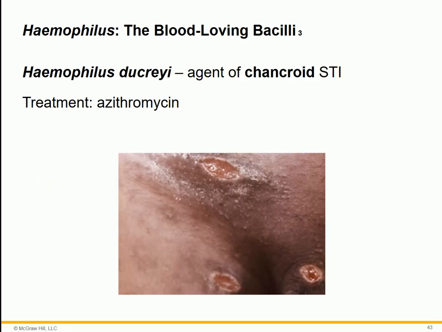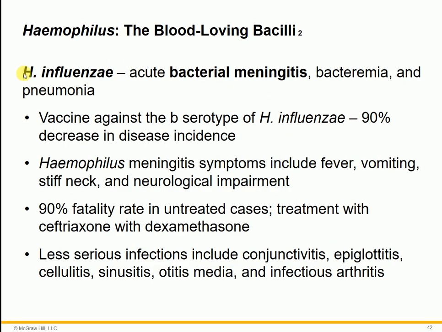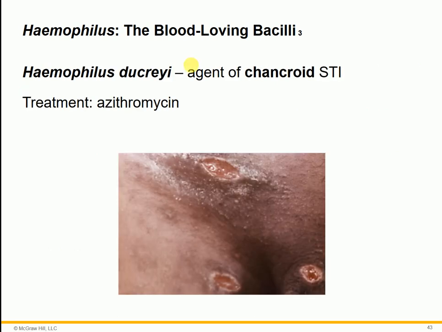Another kind of Haemophilus is called Haemophilus ducreyi. So the first Haemophilus we talked about was Haemophilus influenzae, and that leads again to pneumonia and bacterial meningitis. Those are the main diseases you want to know for that microbe, while Haemophilus ducreyi leads to chancroid.